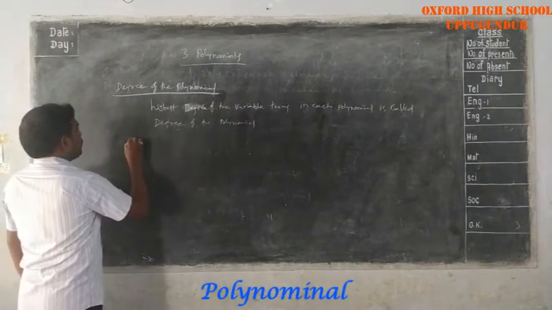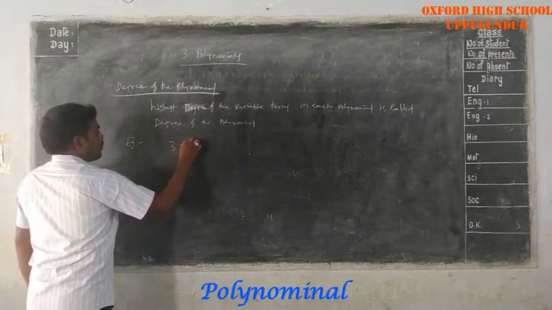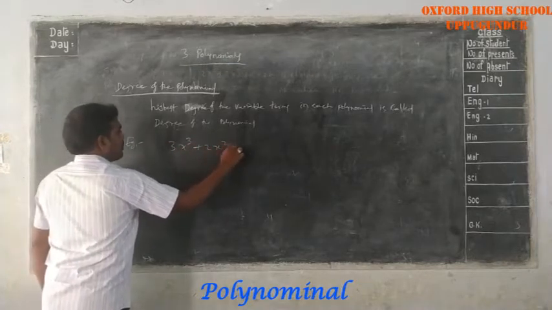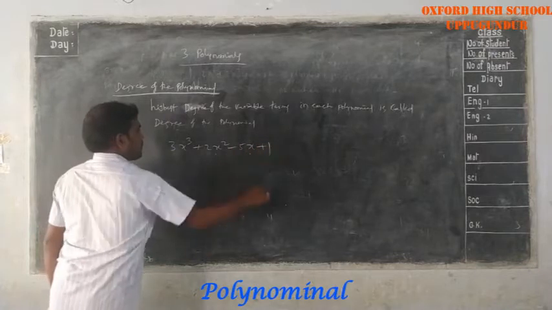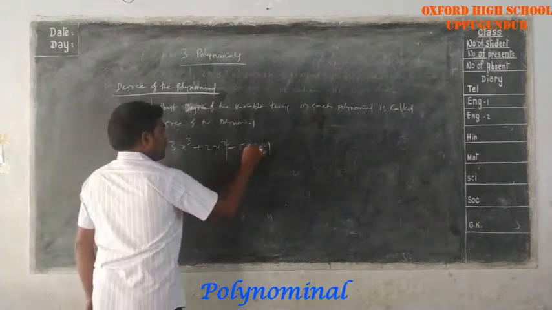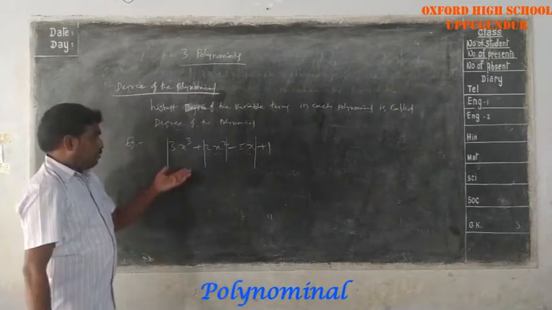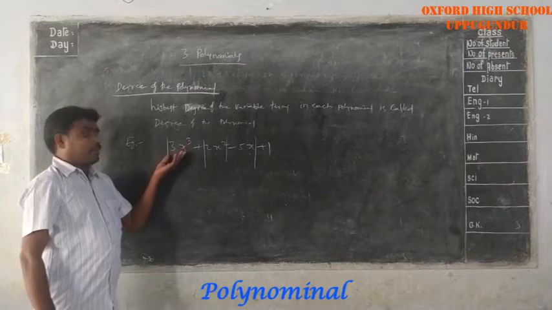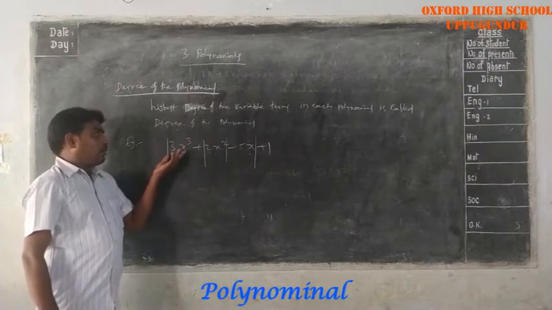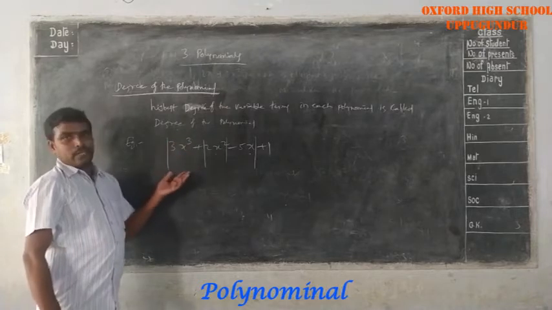Suppose they give 3x cube plus 2x square minus 5x plus 1. What are the variable terms you have? This is one term, this is another term, this is the third term. How can we find the degree of any monomial? By observing the power of the variable, that is the degree.